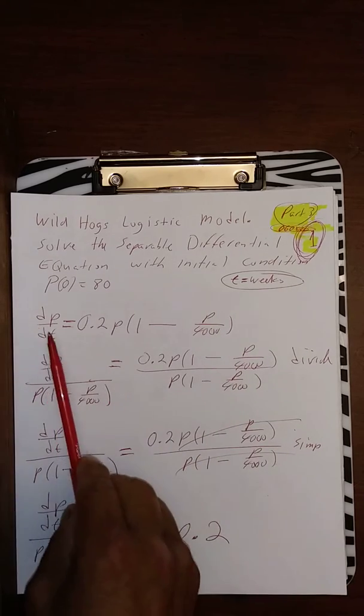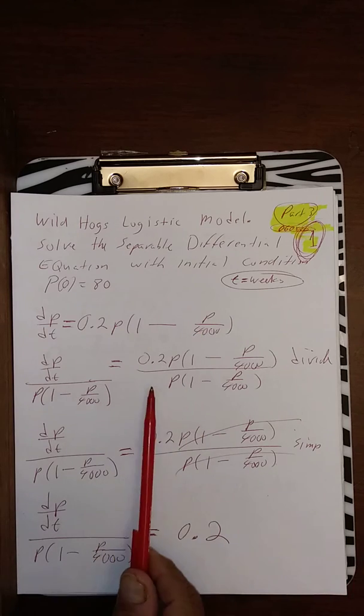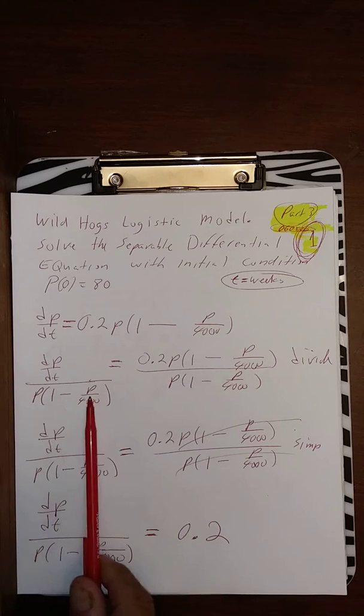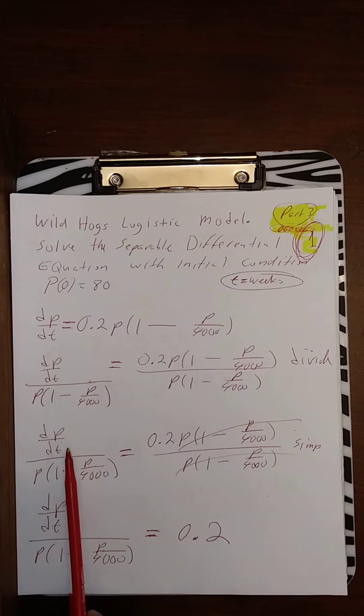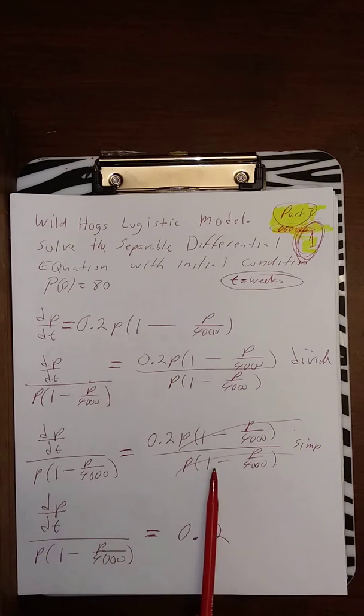So now, dP/dt equals this. Divide: P times this, P times that. This divides out. So we have dP/dt over this equals 0.2.